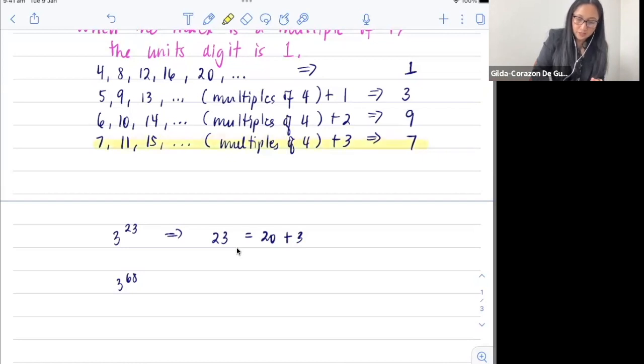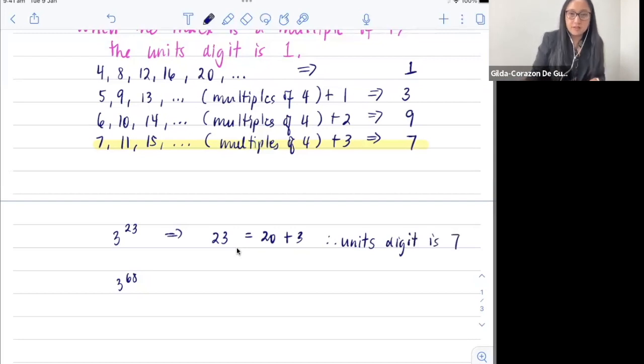And what does that tell you? It tells you that the units digit, therefore, is 7. Okay, and then if we have 3 to the power of 68, you look at the index. 68, let's try if we can halve it twice.